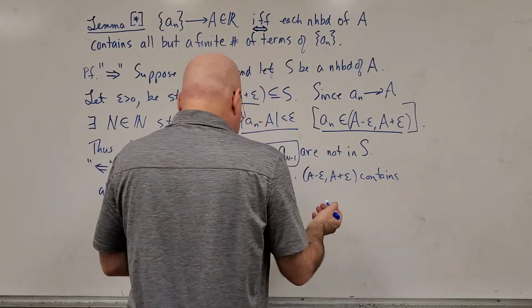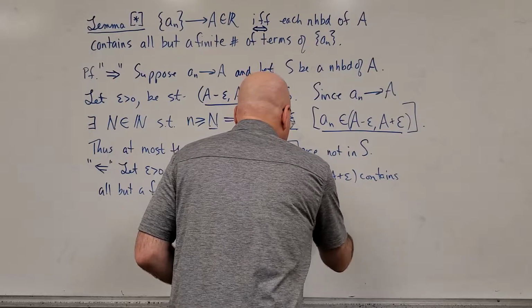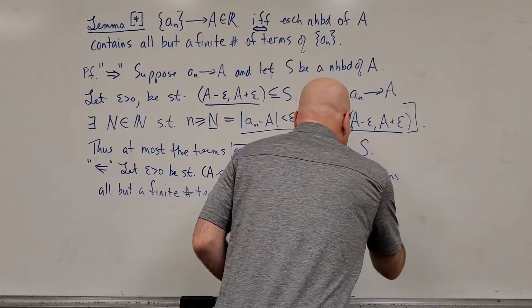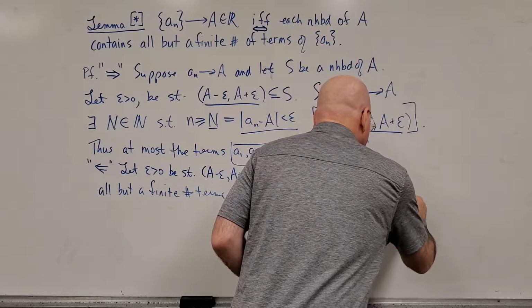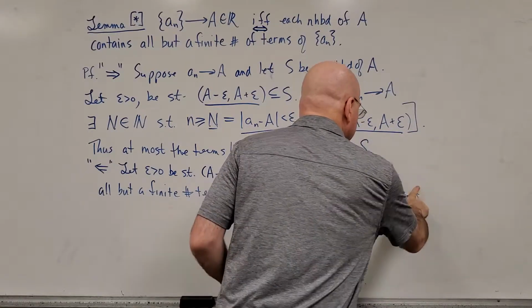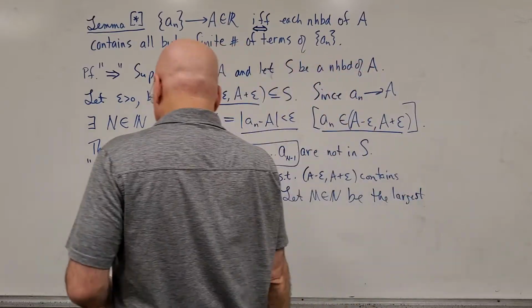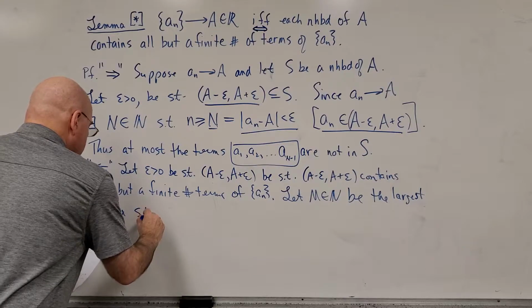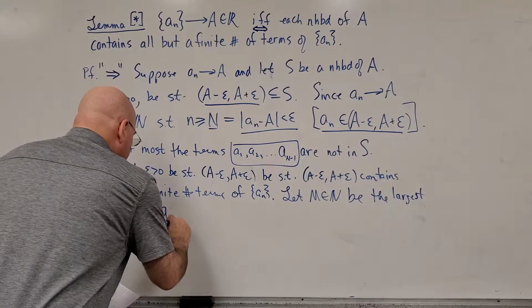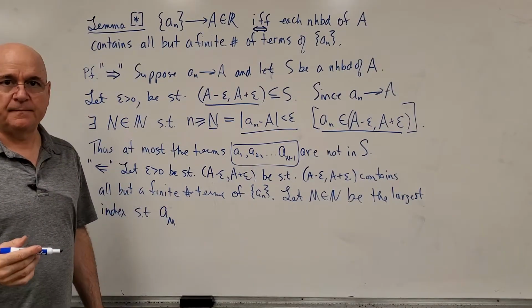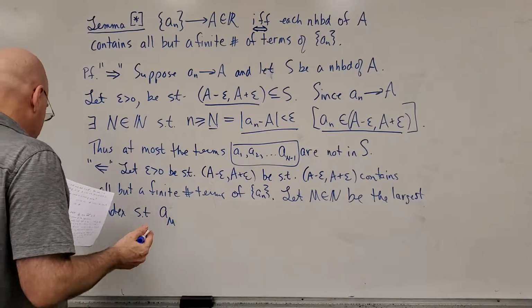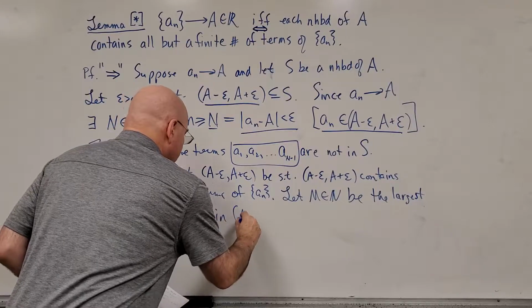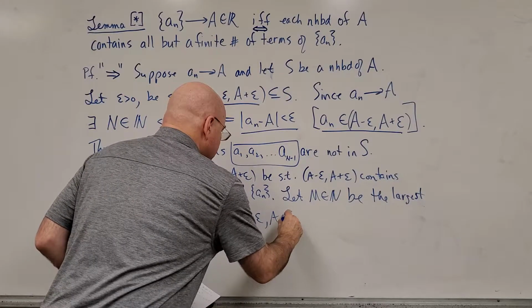Let capital M, a natural number, be the largest index such that a_M is not in the interval a minus epsilon to a plus epsilon.